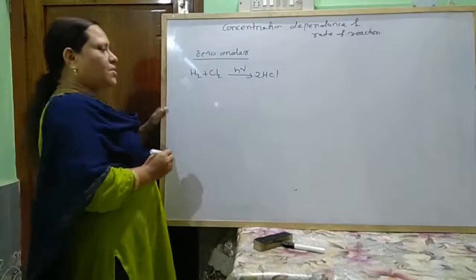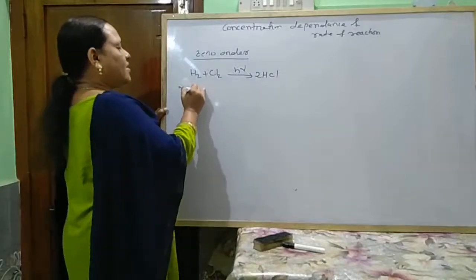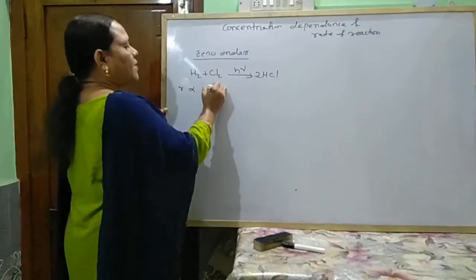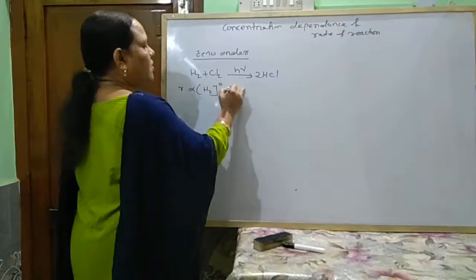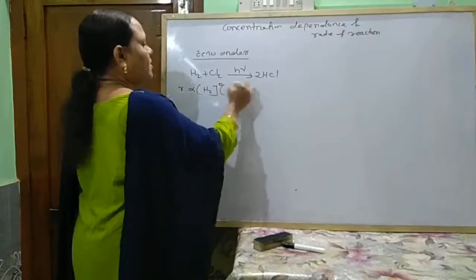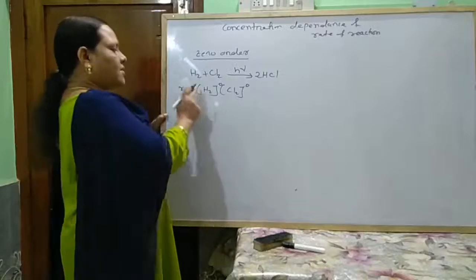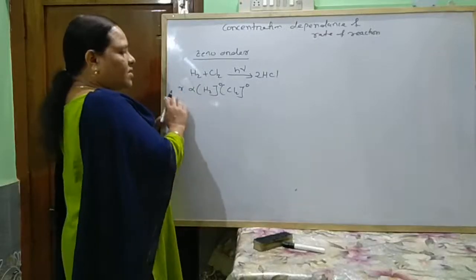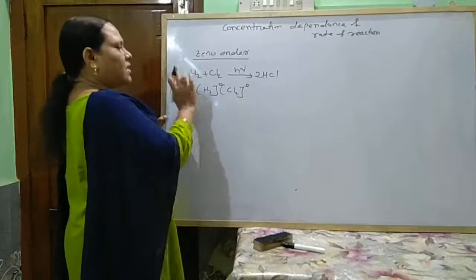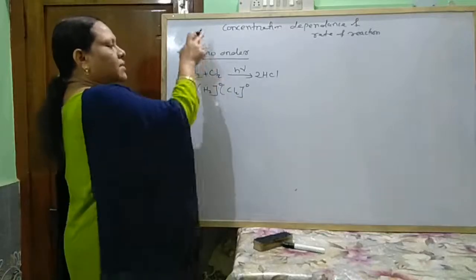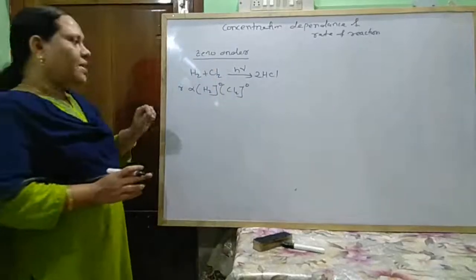This is a zero order reaction. Here rate is proportional to H2 to the power 0 and Cl2 to the power 0, so the overall order of reaction is 0. I am not going to write the rate law expression in every case, just some examples of order of reaction.